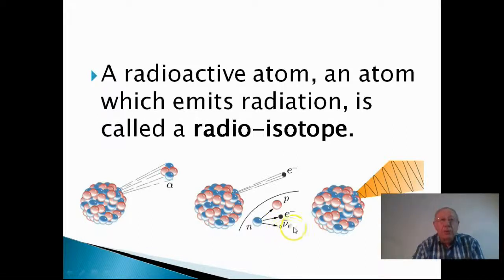At times we can also get another little particle which is known as a neutrino. Now you may not have heard of neutrinos. Neutrinos are almost massless. They are very, very small and light, but they're given out in massive quantities by stars, and they were very hard to detect.